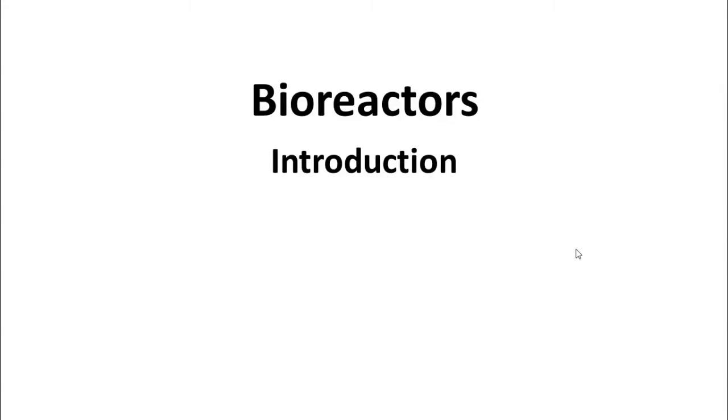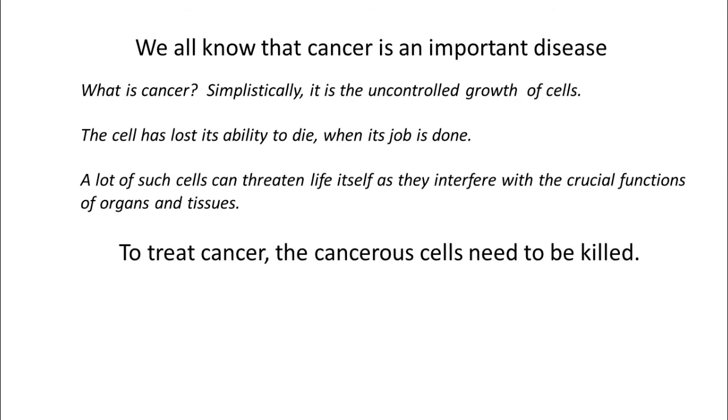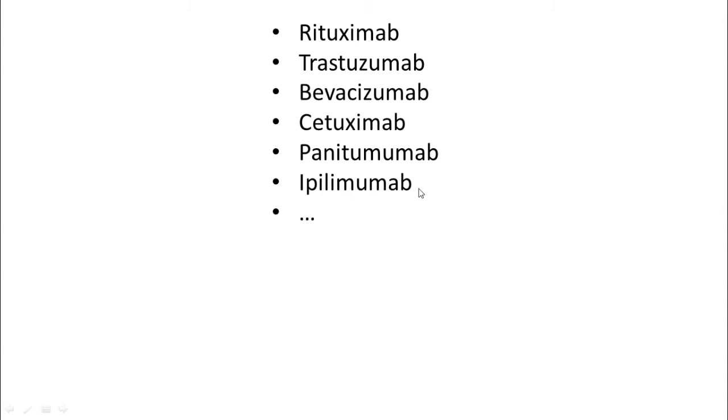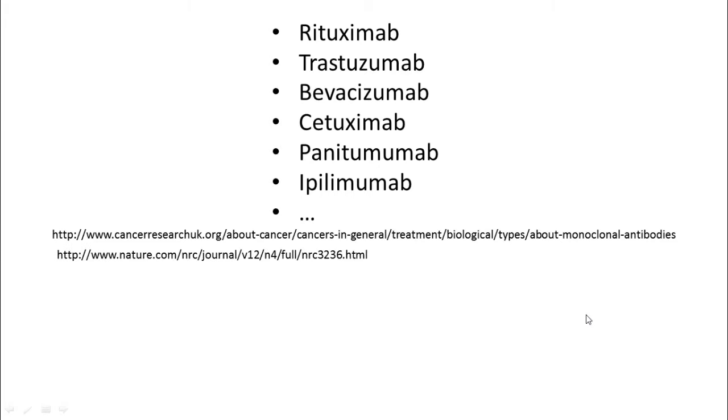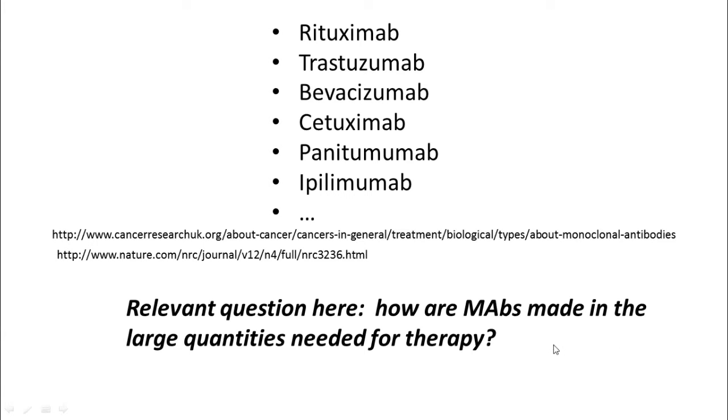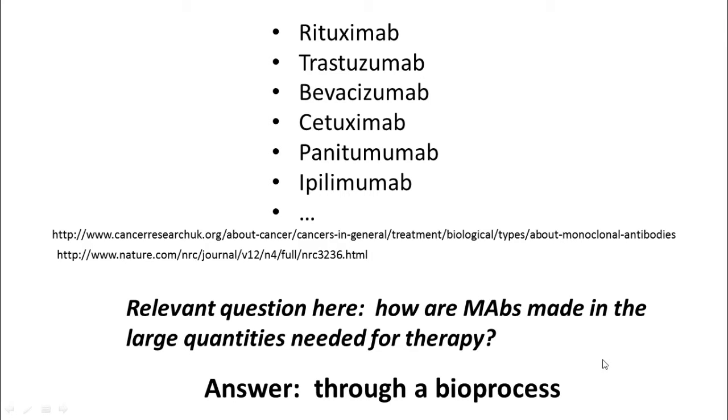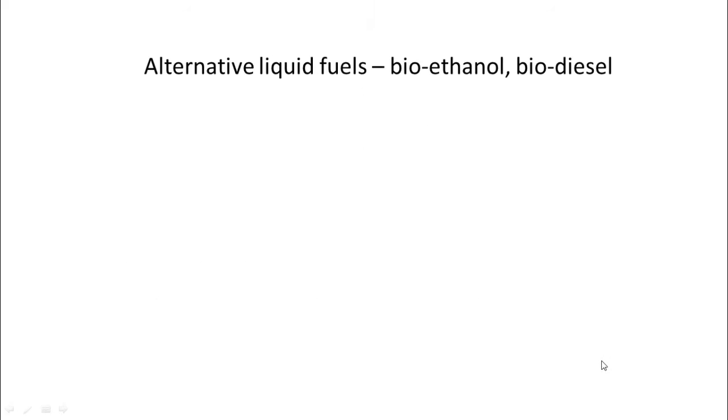Let us summarize some details from these various modules. In the introductory module, we first saw what cancer was and the drugs that are used to treat cancer, the monoclonal antibodies, and we saw that MABs are made through bioreactors, through a bioprocess of which the bioreactor is the important part.